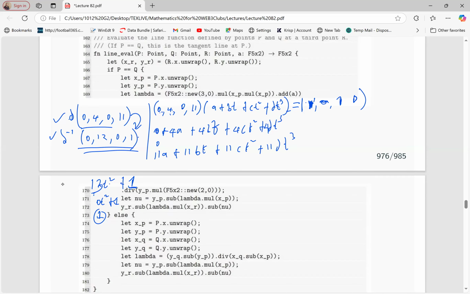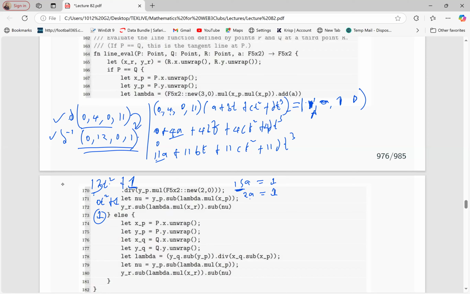So what are the constants? Constants are this 4a and 11a. Equate them to the constant 1 and solve for a. If I add them, for instance, this would be 15a equated to 1. Of course, 15 is 2 mod 13, so 2a equated to 1.